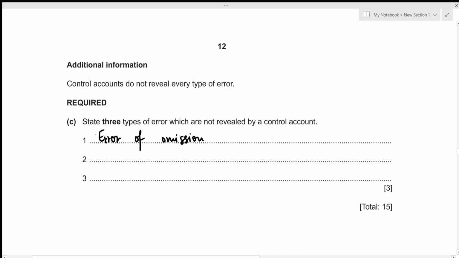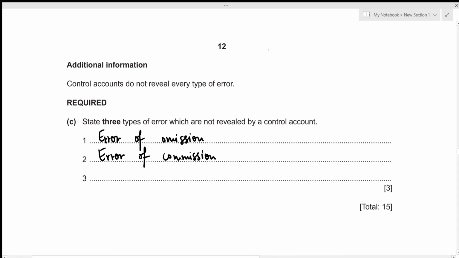The second one is error of commission. This is the error in which we record the correct balance to an incorrect heading, but the treatment of that particular heading is the same as our correct heading. Meaning that, let me give an example.